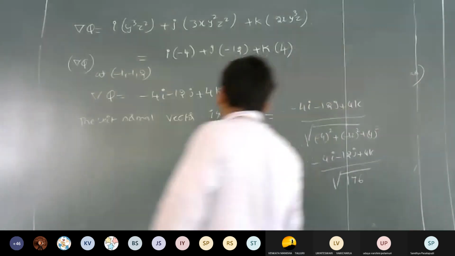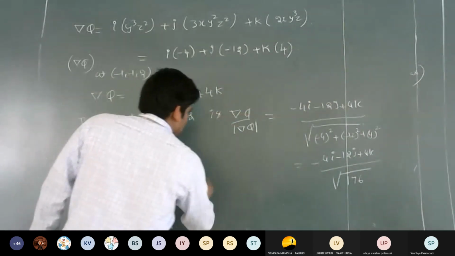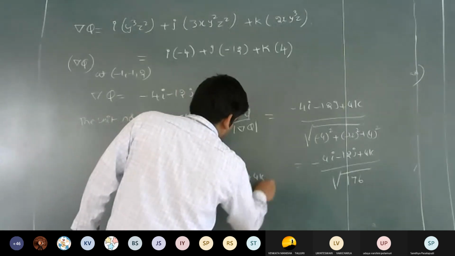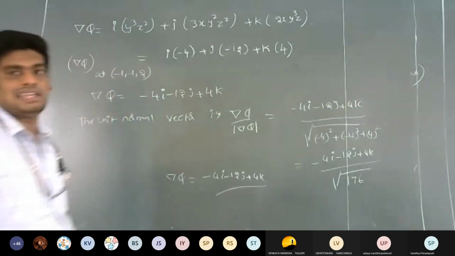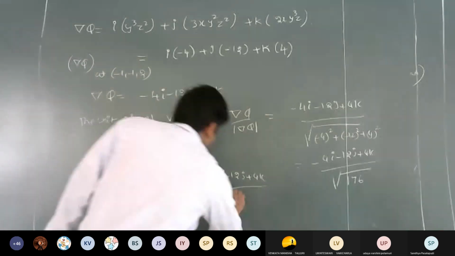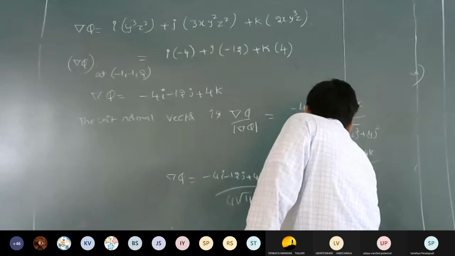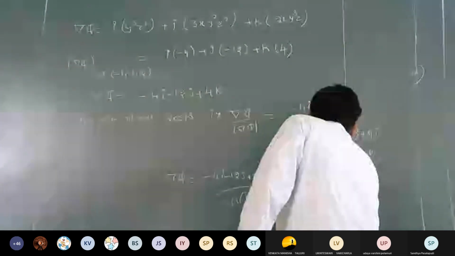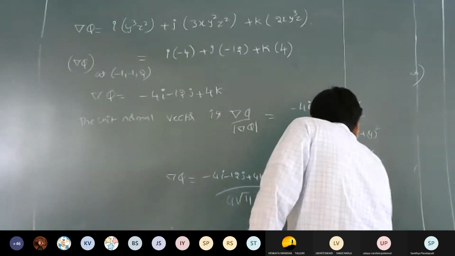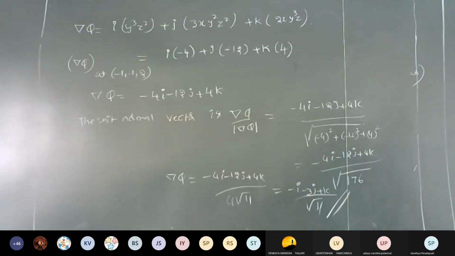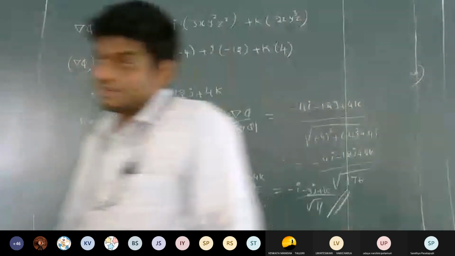So 176 is nothing but 11 into 16, so it is 4 root 11. Right? So that is equal to minus i minus 3j plus k by root 11.